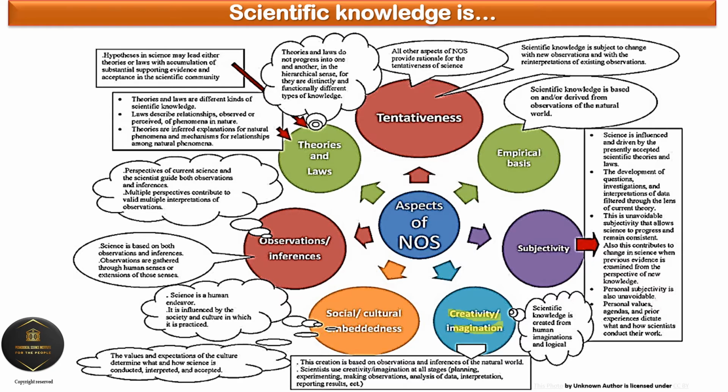We know that scientific knowledge is created from human imaginations, and we know that logical thinking was applied to that, right? But how does that really help us in understanding climatology? As I said in the previous part, when we look at climatology, we're really looking at what you did in grade 10.